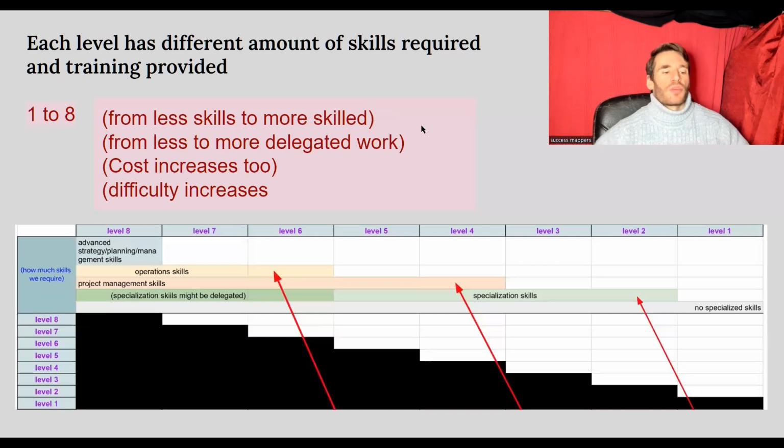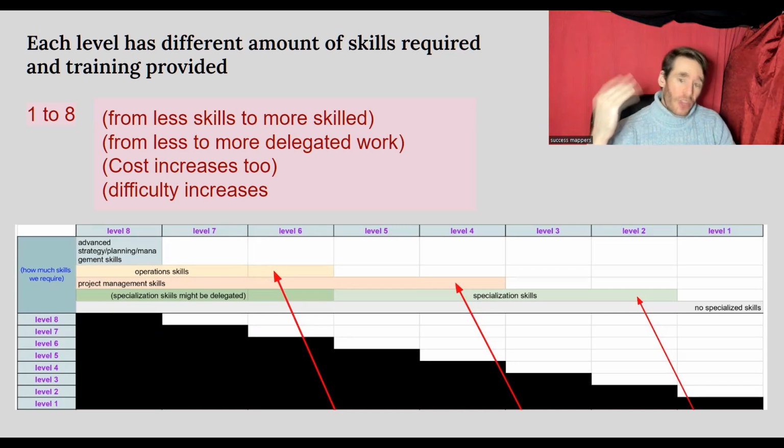Okay, so this is the first part that I want you to understand. Each level, the 8 levels that we talk about, has a different amount of skills required. And based on the skills required, you will also need to provide different training. And of course, you will need to supervise in a different way, right?